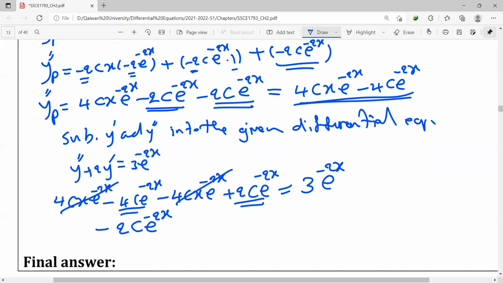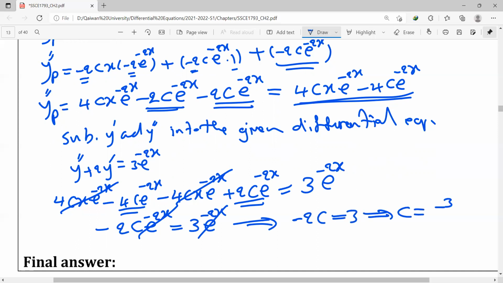Here we have minus 4 and 2, so you get minus 2 equals 3 e to the power minus 2x. Now these two are cancelled out because they are the same. By dividing both sides by e to the power minus 2x, we get minus 2c equals 3. So c is minus 3 over 2.